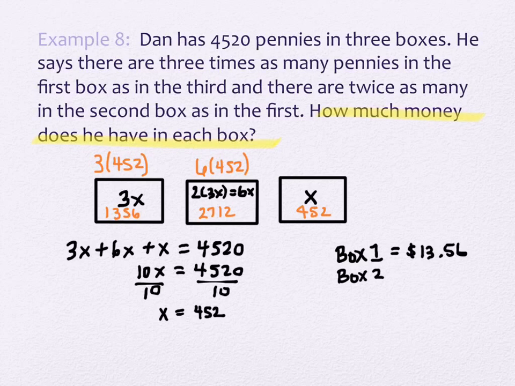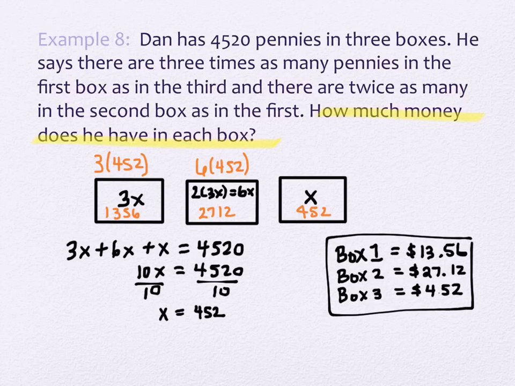Box 2, where I have 2,712, would be $27.12. And box 3, where I have 452, would be $4.52. Please, please, please make sure you answer the question that's asked in the way that it's being asked.